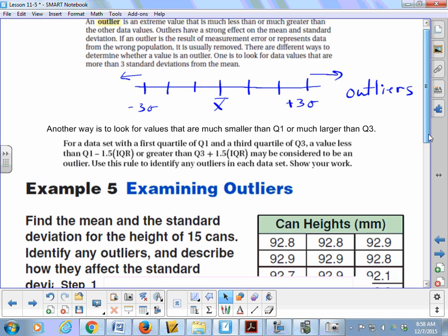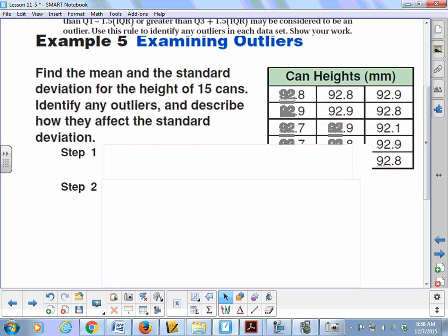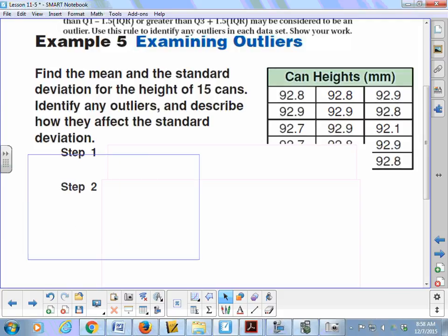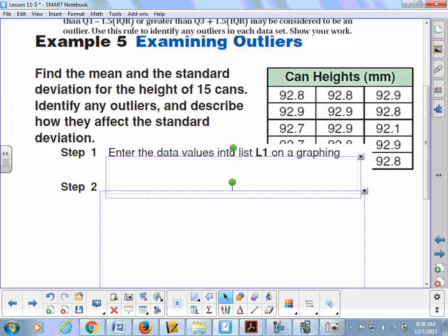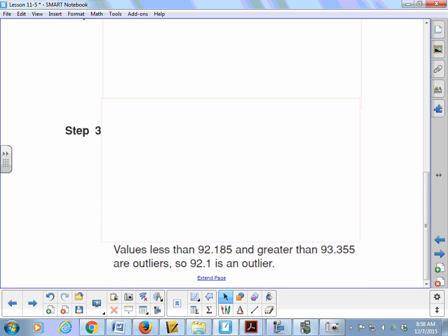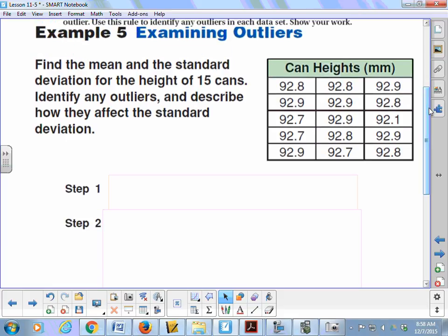All right. So here's a set of data. We're going to take this set of data and figure out which ones are outliers from this group.